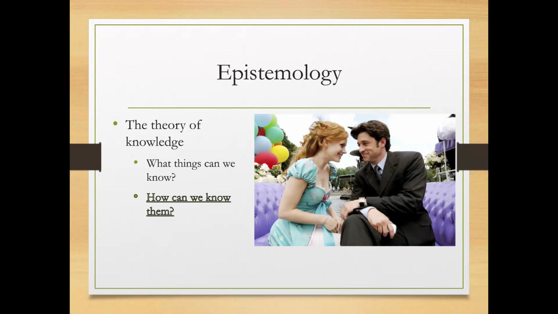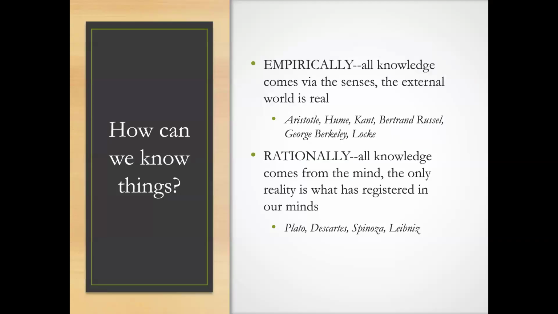Now, how is it possible to know things? That's sort of the next question that epistemology asks. How can we know things, right? So there's two schools of thought that philosophers, sorry, have put themselves into these groups. And a group of them have defined knowledge as an empirical thing.